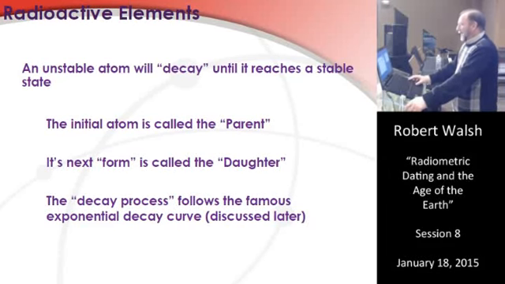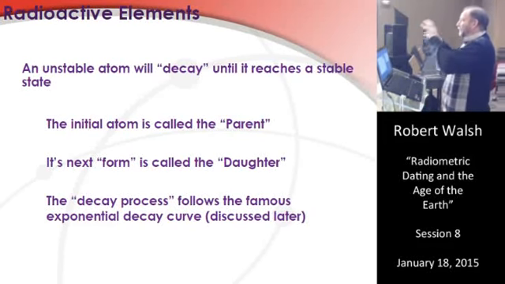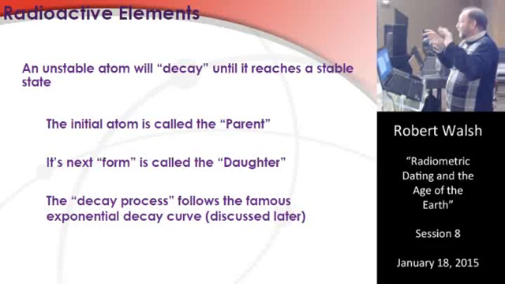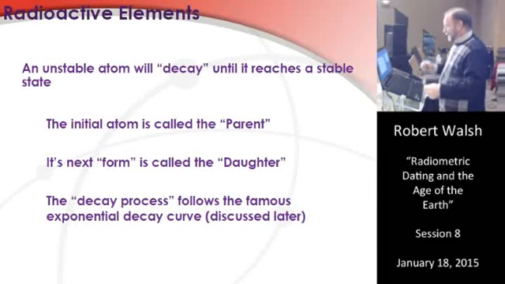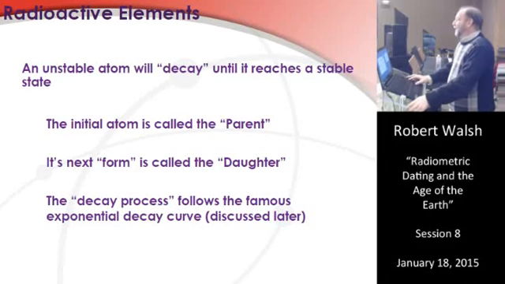The initial atom is called the parent, and the next constituent part in the process is called the daughter. So you have the parent decaying into the daughter, and if this gal is still radioactive, she'll further decay and decay until they get down to a non-radioactive form.